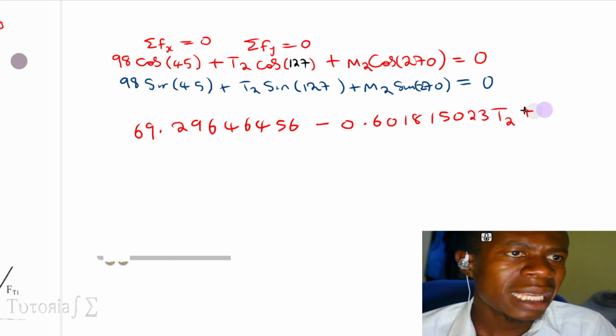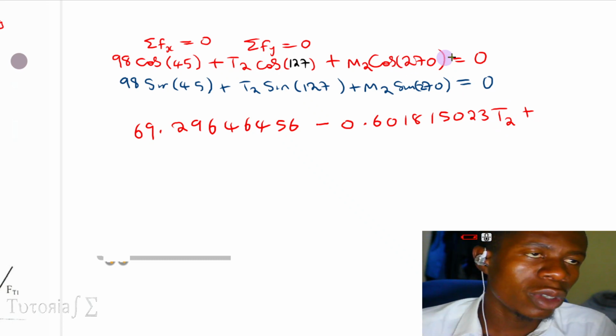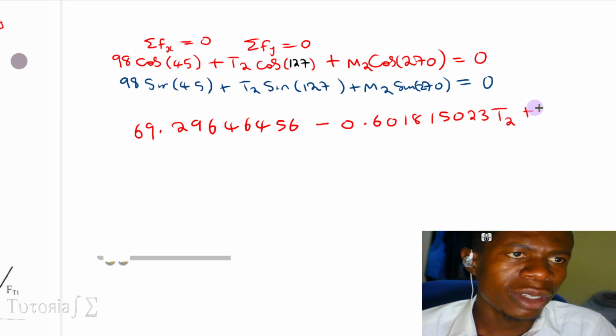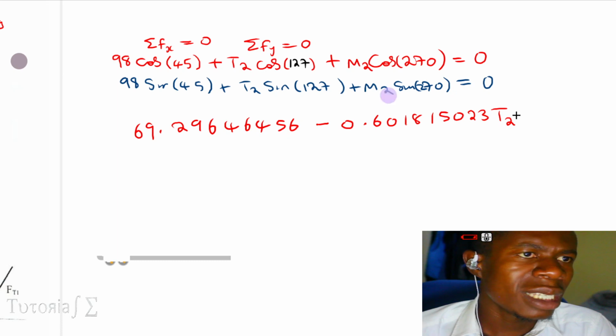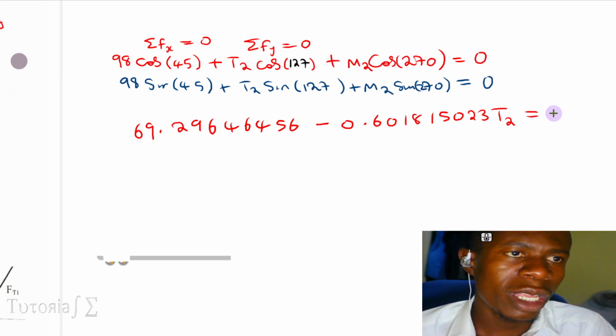Then plus m2 cos 270, which is 0, so there is nothing there, but we have an equal to 0 here.